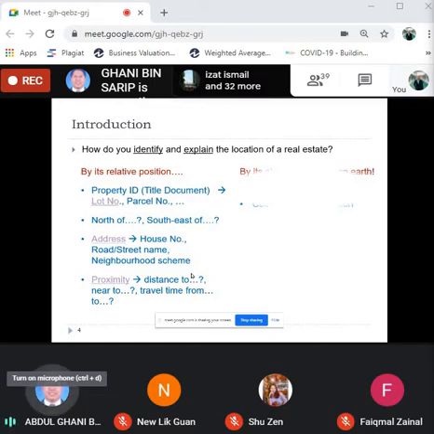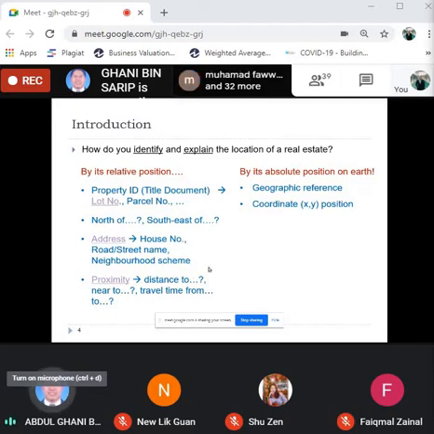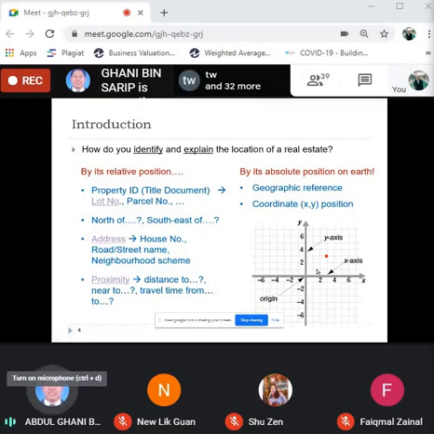And then the other way of telling location, especially for geography and for GIS, is by looking at its absolute position on Earth. This is by using geographic coordinates, the XY position.